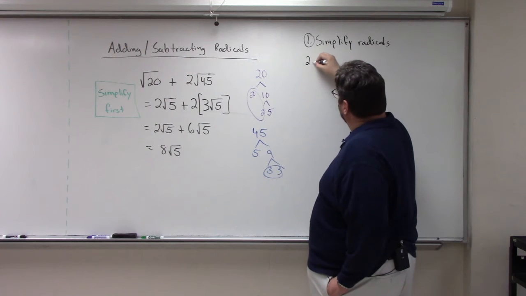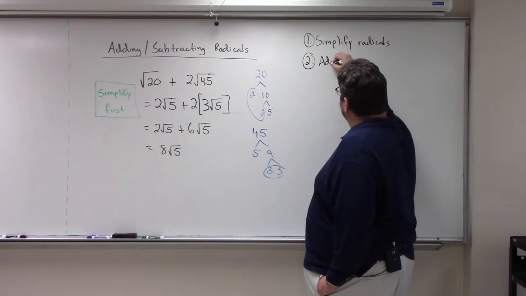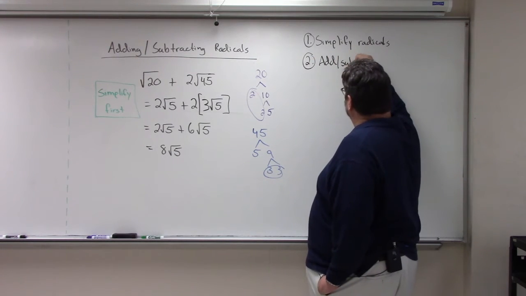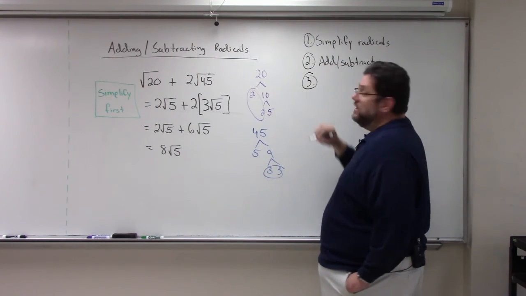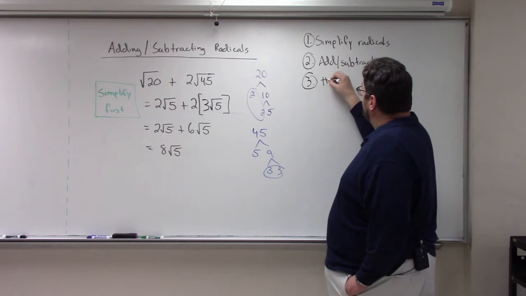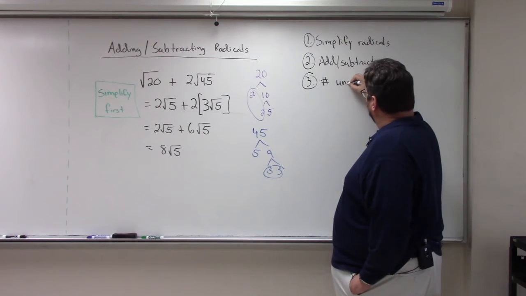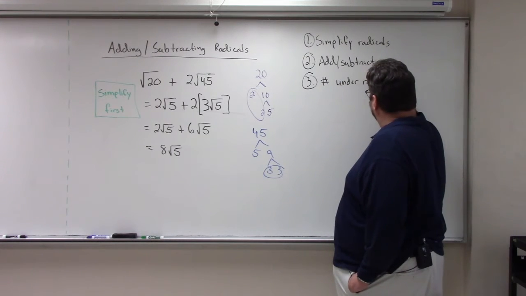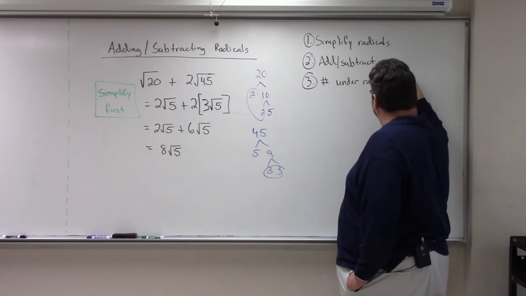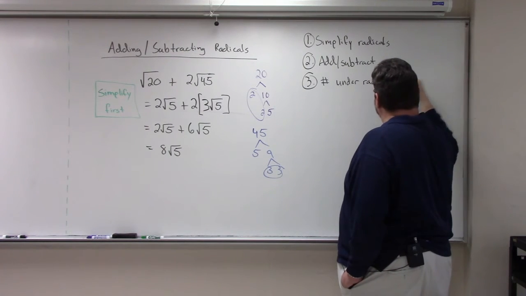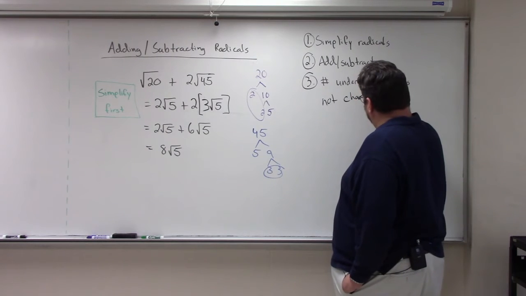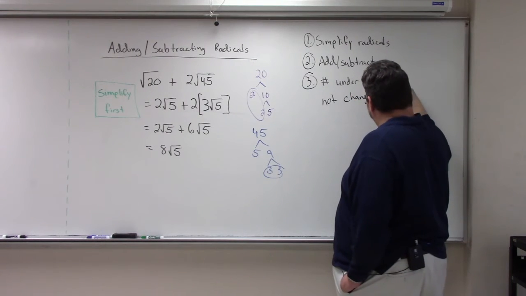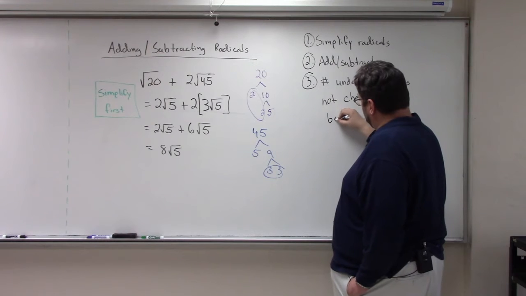Number 2, we're going to add or subtract as we're told to do. And then 3, the number under the radical does not change after being simplified.